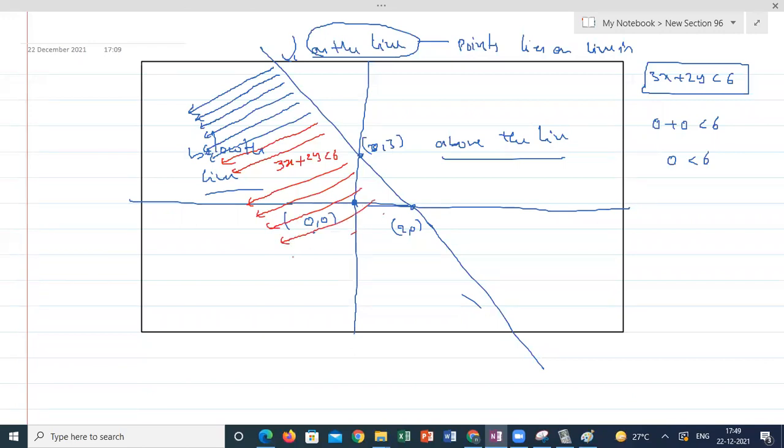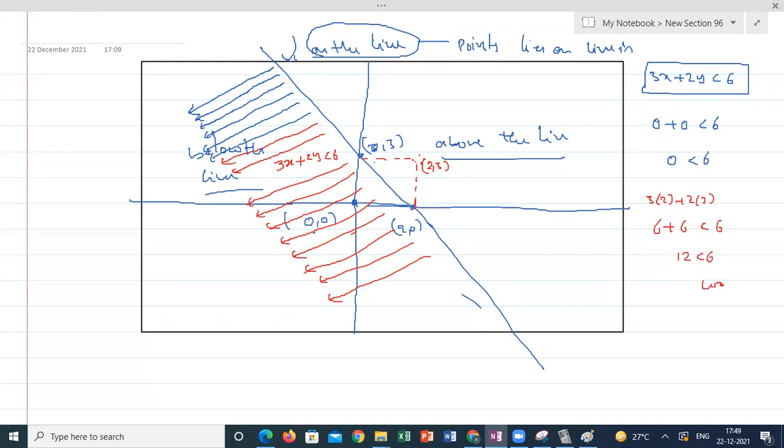To understand whether it is true or not, take any point above the line. Suppose I take this point, 2, 3. Substituting 2, 3 here, 3 into 2 plus 2 into 3, 6 plus 6 is less than 6. It comes to 12 less than 6, which is a wrong statement. Or you can take any point nearer the line, just above it.